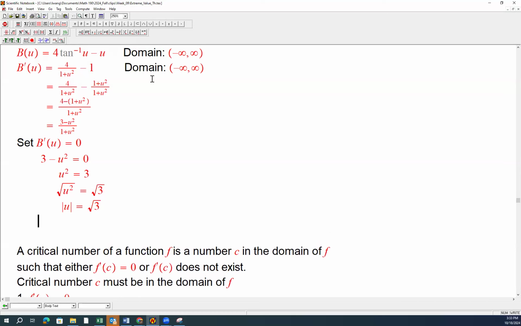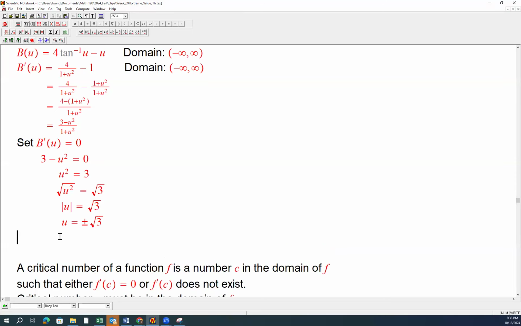In the end, u equals plus or minus root 3. So we have two critical numbers right here.